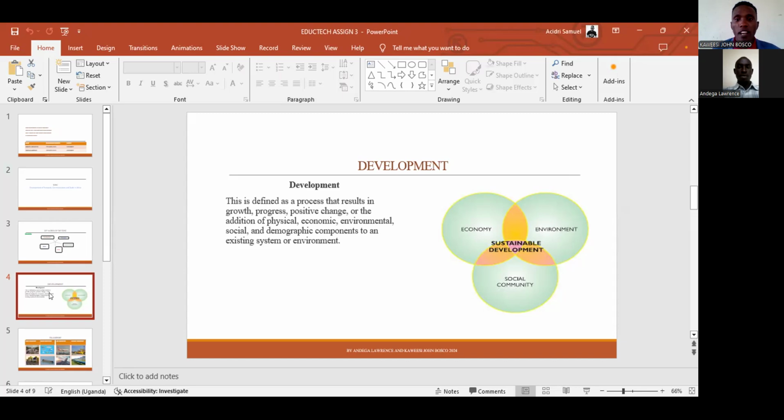So development, as you are saying in our slides, refers to the process that results in growth, progress, a positive change, or the addition of physical, economic, and environmental, as well as social and demographic components to any existing system or environment.